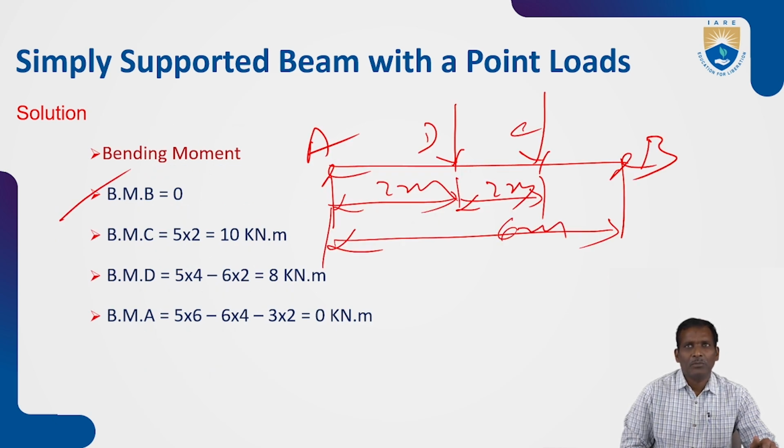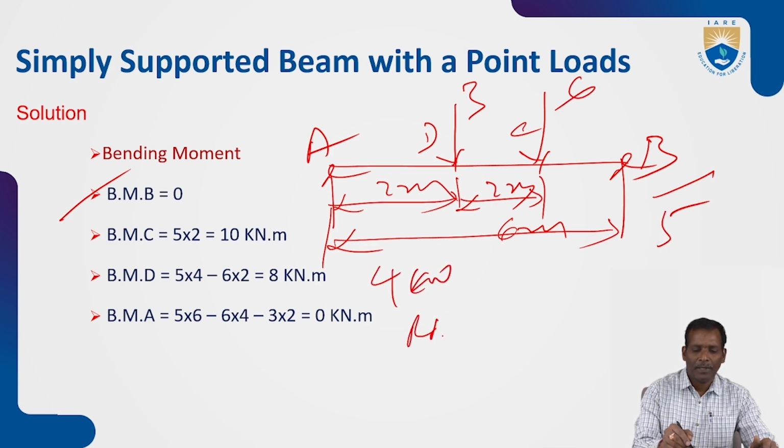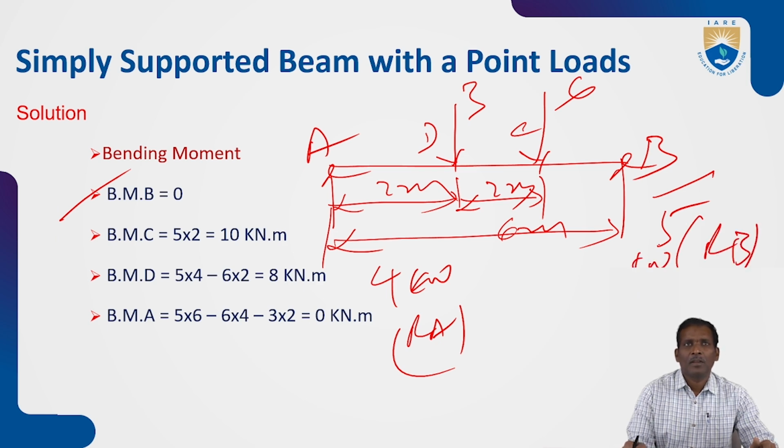So what is the bending moment at B? 0. The bending moment at C, 3 kilonewton and 6 kilonewton, 5 and 4, RA and RB. So 5 multiply with these 2 distance, 2 meters distance.